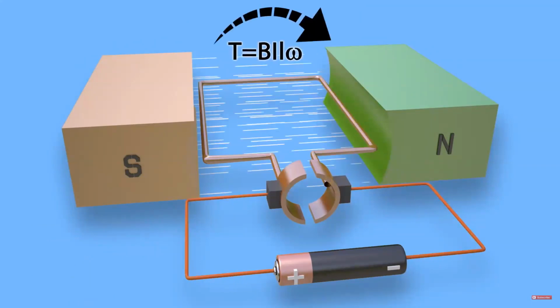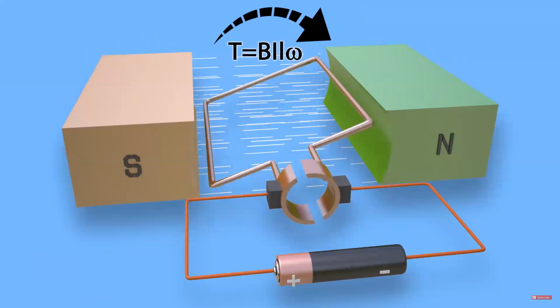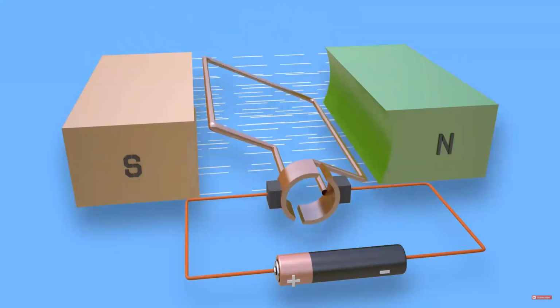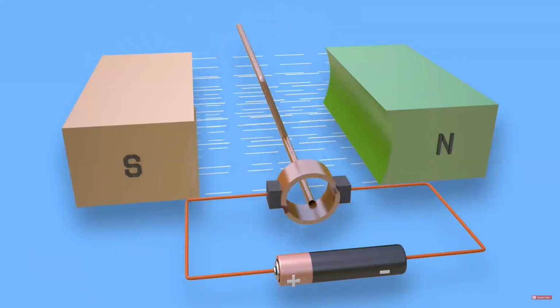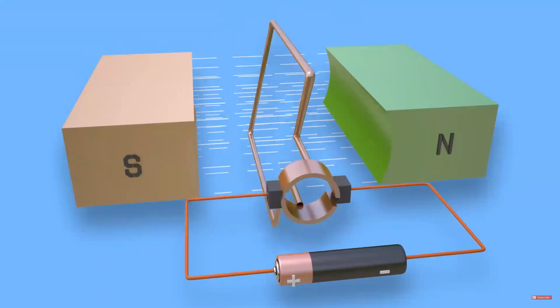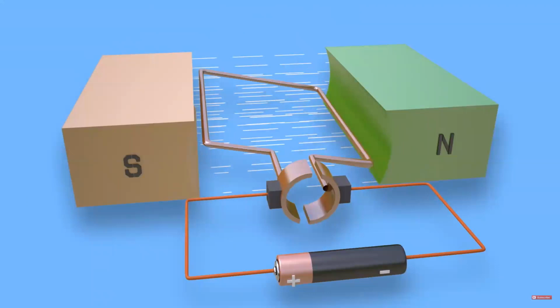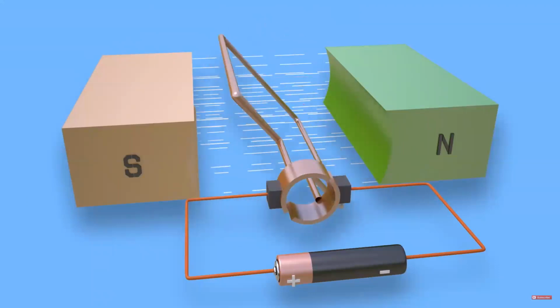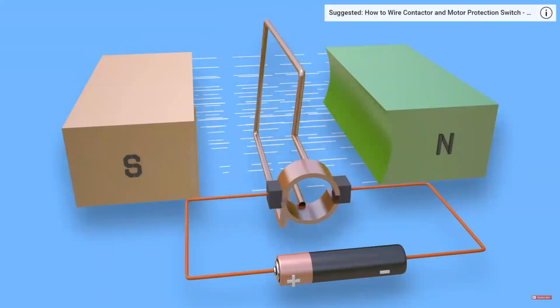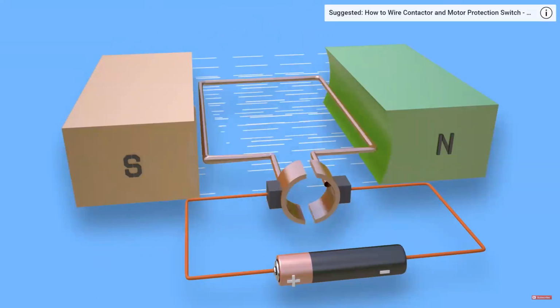These upward and downward forces tend to rotate the coil in clockwise direction. From that explanation, we can conclude that in this model, whichever conductor comes near South Pole experiences upward mechanical force, and near North Pole, downward mechanical force.